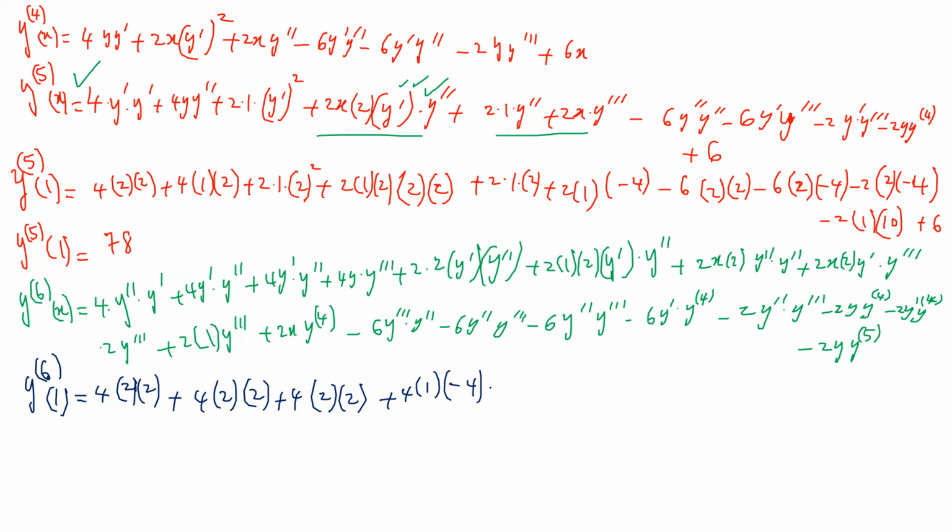Right, so we have 2 by 2, you can write it as 4. y prime is 2 and y double prime is also 2. We got that plus, excuse me, 2 into 2. y prime is 2. y double prime is also 2.